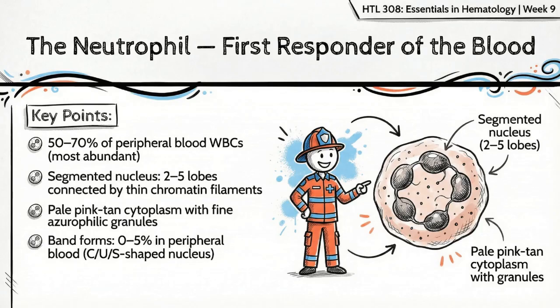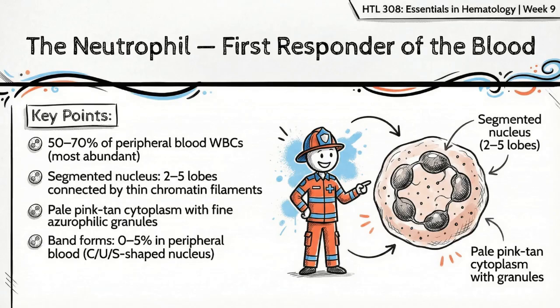The nucleus to cytoplasm ratio is low, meaning the cytoplasm predominates. Neutrophils make up 50 to 70% of all white cells. Bands, the slightly less mature form, should be no more than 5%. Anything more than that, and you're starting to think about a left shift. Keep those numbers in your head.